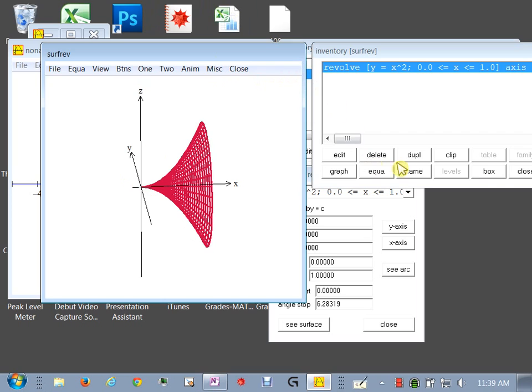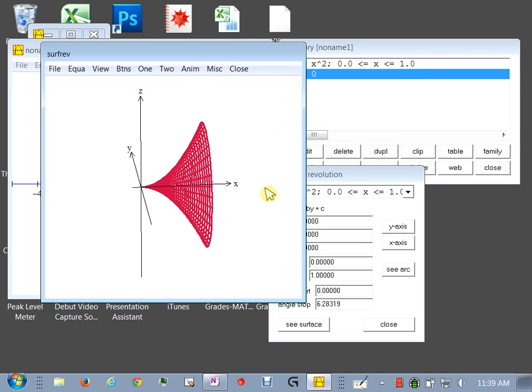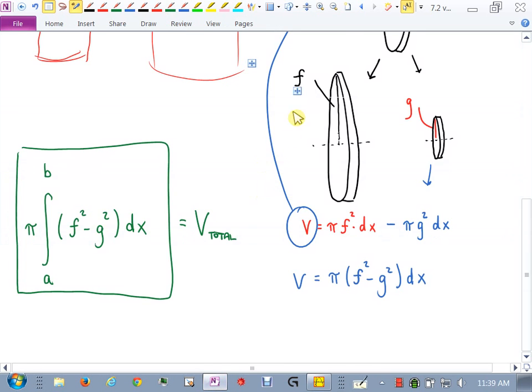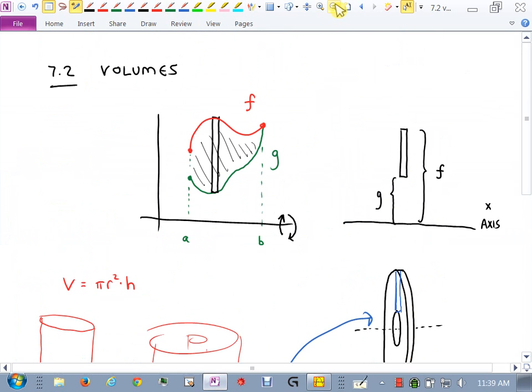All right, so let's try and do one of these. And again, it's mostly just going to be the setup.